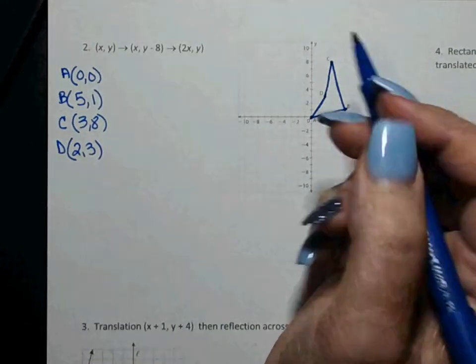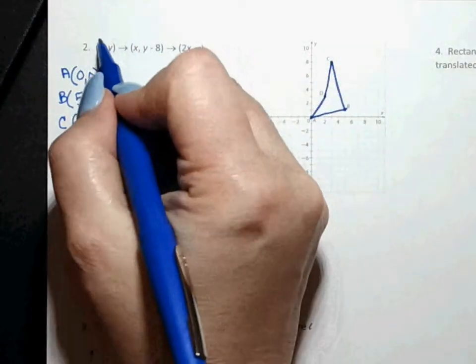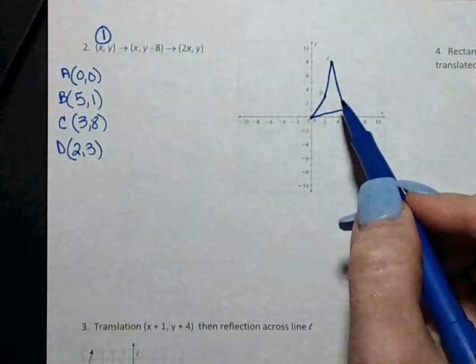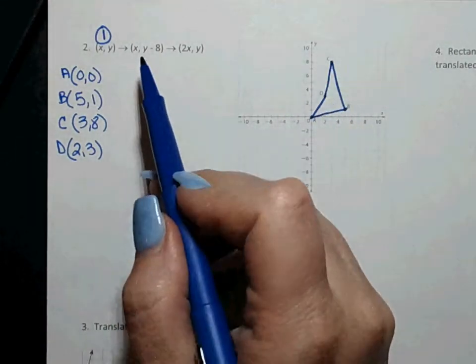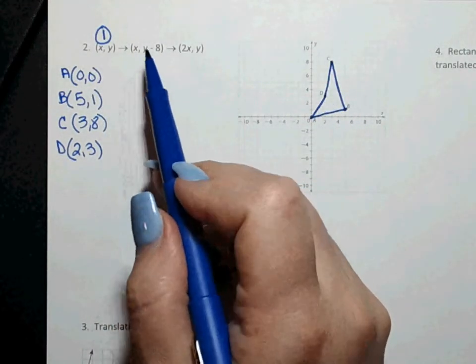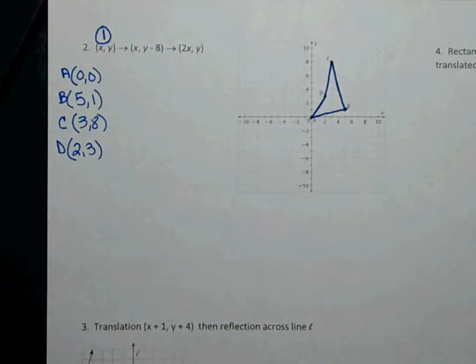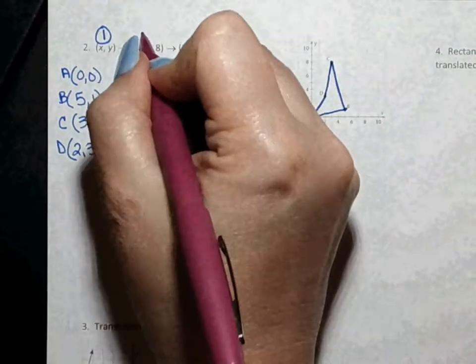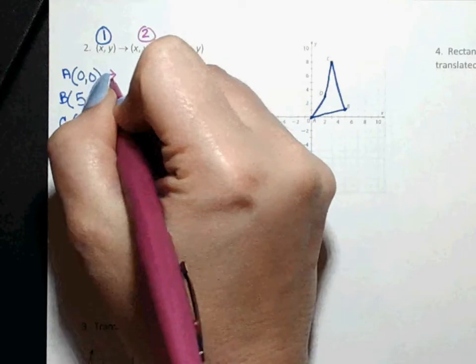Okay, so I want to do my first transformation, so I'm going from my original right here. I'm going to go from my pre-image to my image. So this is after one transformation. So let's go ahead and figure out what those points would be.